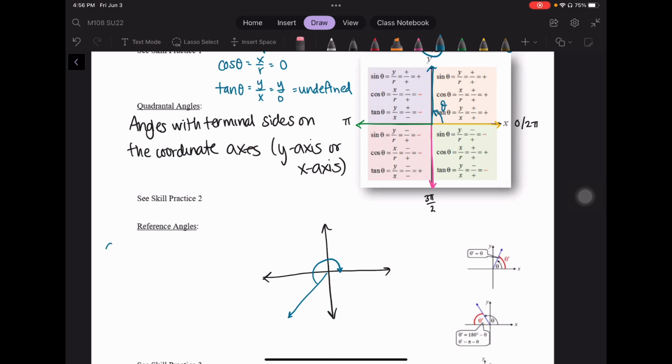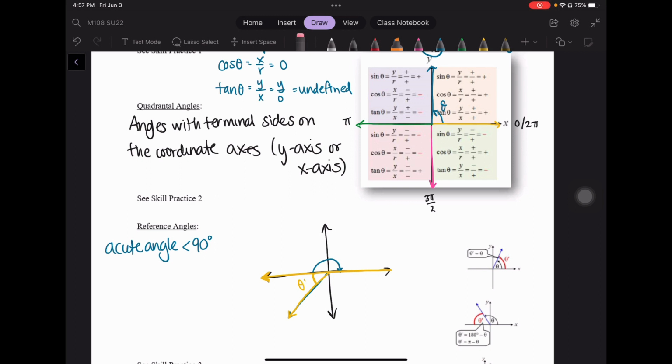Remember that acute angle is less than 90 degrees. It's going to be the terminal side and the horizontal axis. So it's always in relation to x. So it's the angle formed by the terminal side here and the horizontal axis. So it's going to be this angle right here.